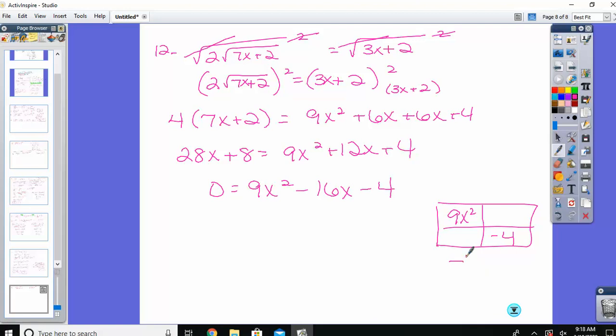So those multiply to negative 36 and add to negative 16. Negative 18. Mm-hmm. So we get 9x and 2 minus 2.